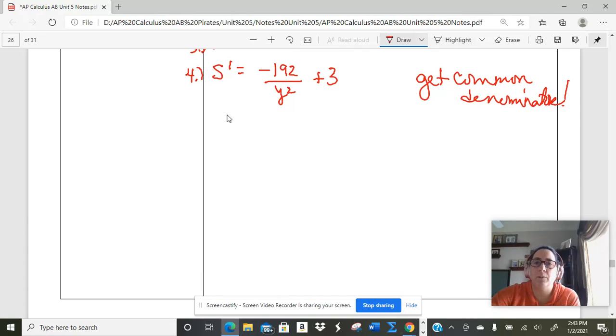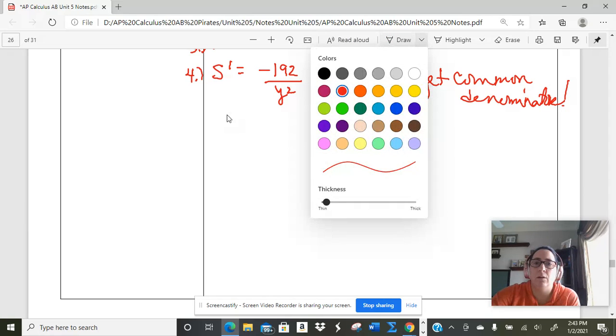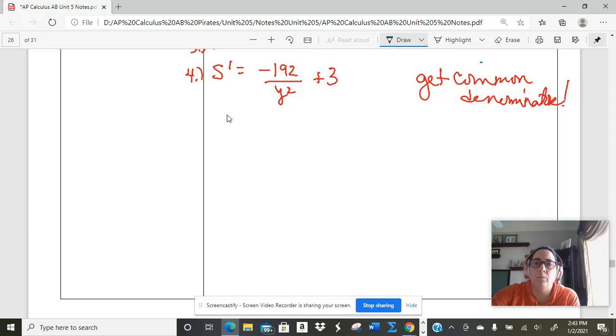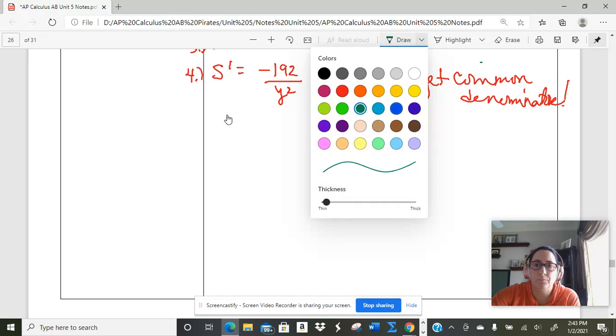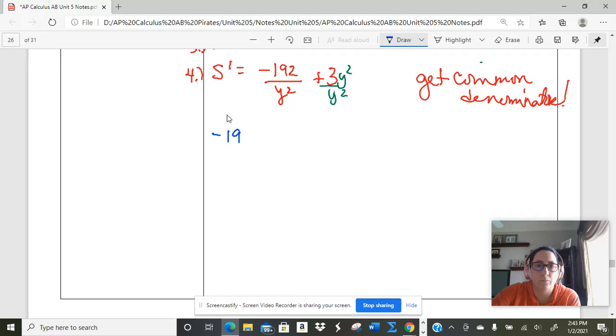I'm going to go ahead and get this into a common denominator. Okay, so I'm going to multiply top and bottom here by y squared over y squared. So now I have my derivative.